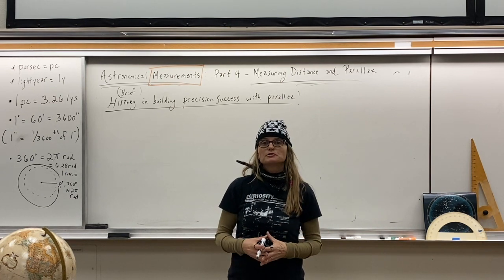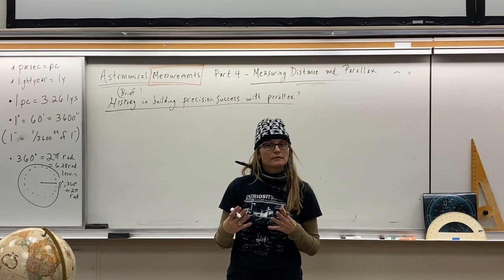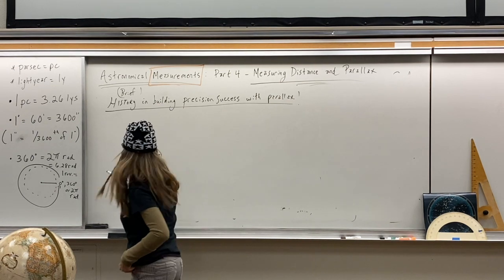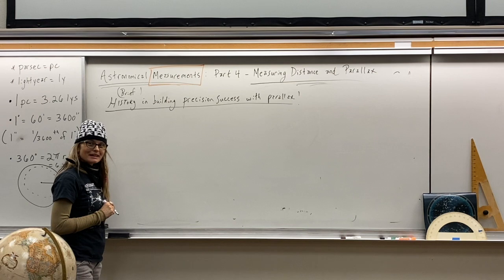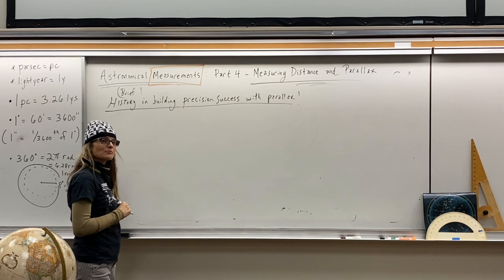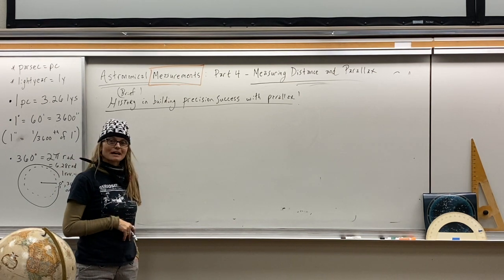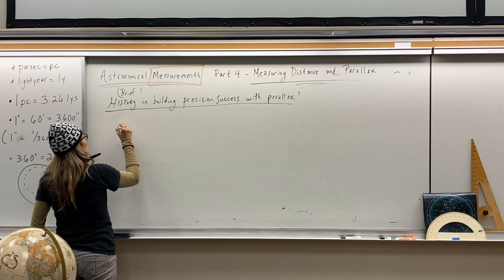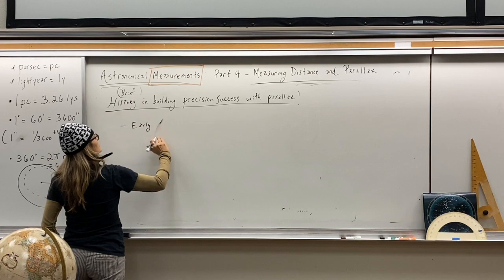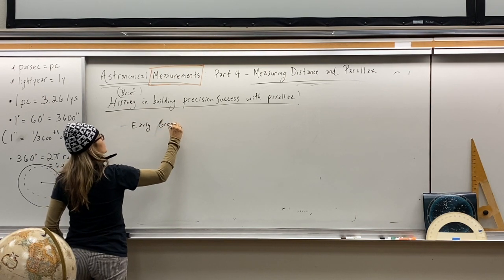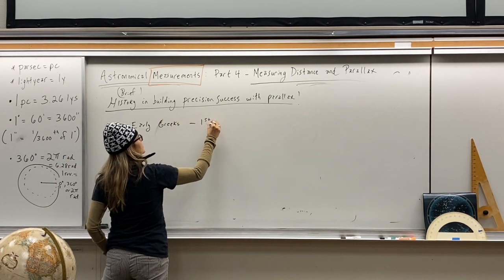They did a lot of geometry, and they came up with the idea of parallax, but they weren't able to get the first measurements. Obviously, for them, it was probably quite a task without the aid of a telescope. So the early Greeks, these were really the first attempts.